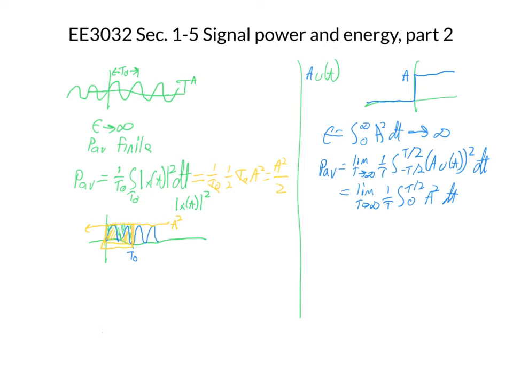So when you have a function that has piecewise segments like this, it's very useful to break it up into its parts when you're evaluating the integral. So I have the part before time 0 and the part after time 0, and they each get a simpler expression. So now I have to evaluate this. The integral here is of a constant, so let me pull that out.